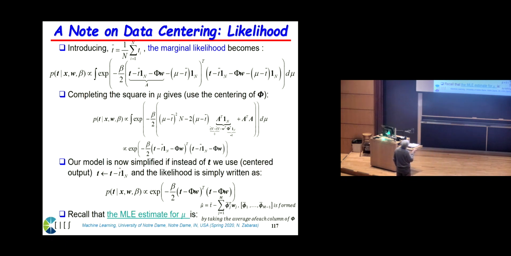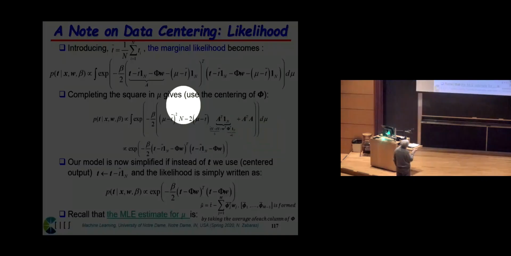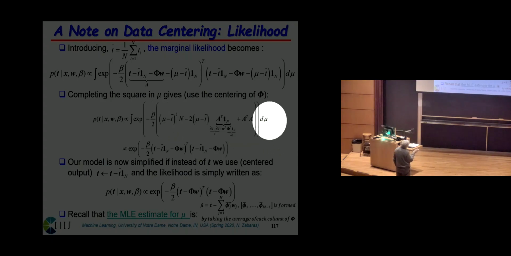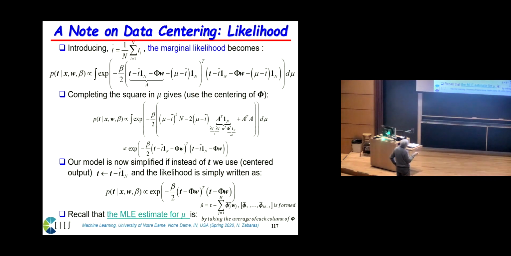I see a mu minus T bar squared d mu. Say it again? A Gaussian with a center around T bar. And what will it give you when you integrate it? The normalization factor, which is another constant, we don't care. So that constant is out.